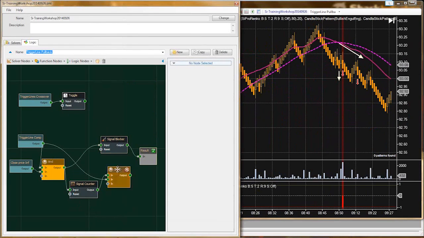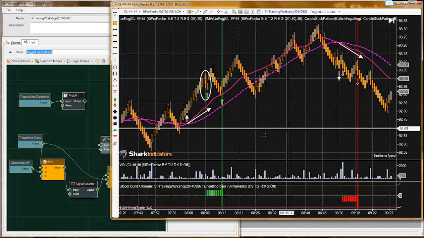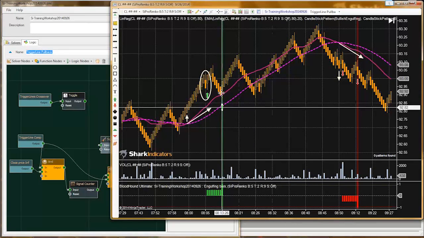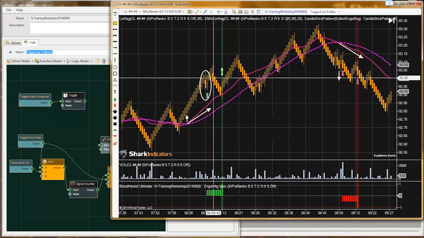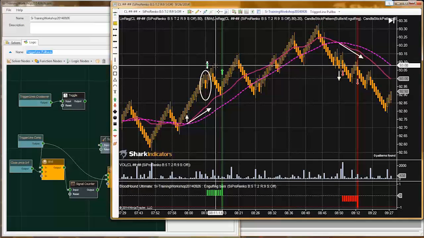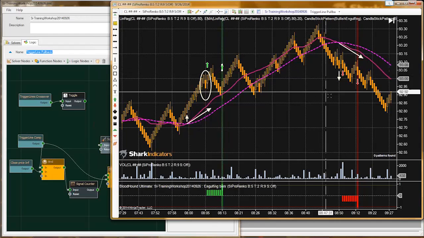However, if we want to see the second signal, if I plug this into the signal blocker, now we can see the second signal shown here. There's our first long signal, and here's our second long signal.